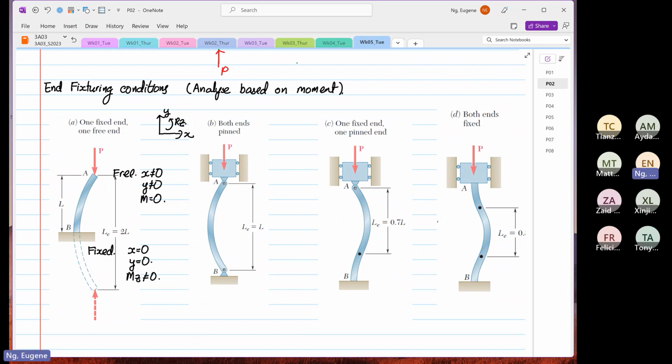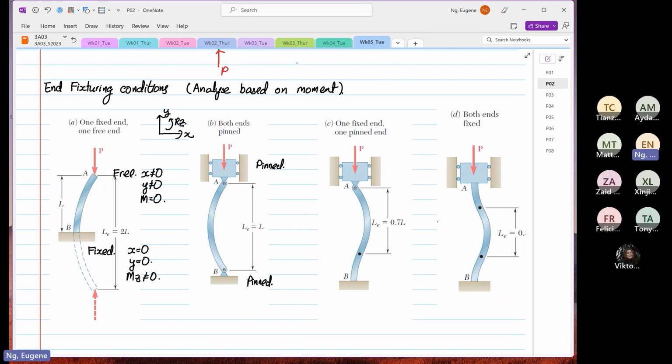So the next one is what we call pinned. We call this pinned, and this one is also pinned. So when it's pinned, what do we mean? For this case over here, x is equal to 0, meaning it cannot move left and right.